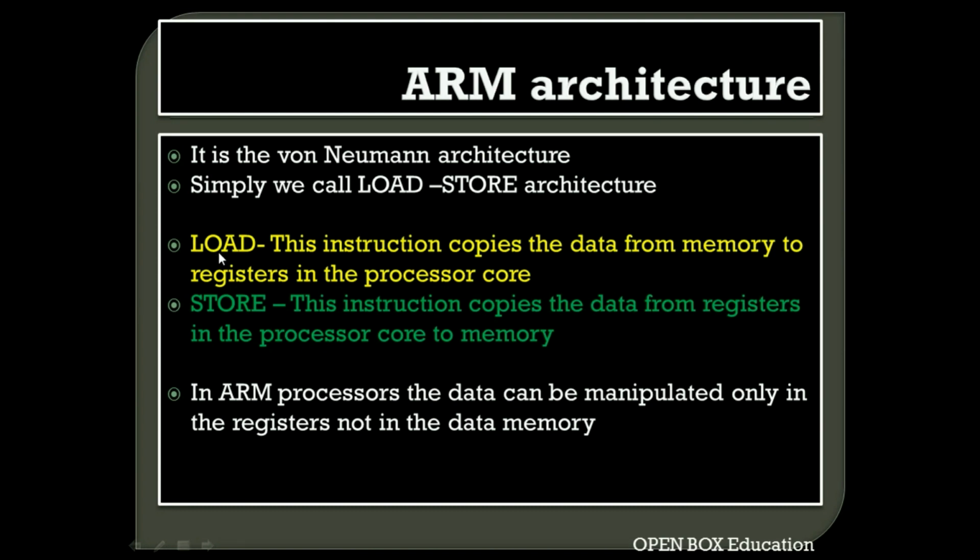Here, load is an instruction that copies the data from the memory to registers in the processor core. And store is an instruction that copies the data from registers in the processor core to memory.